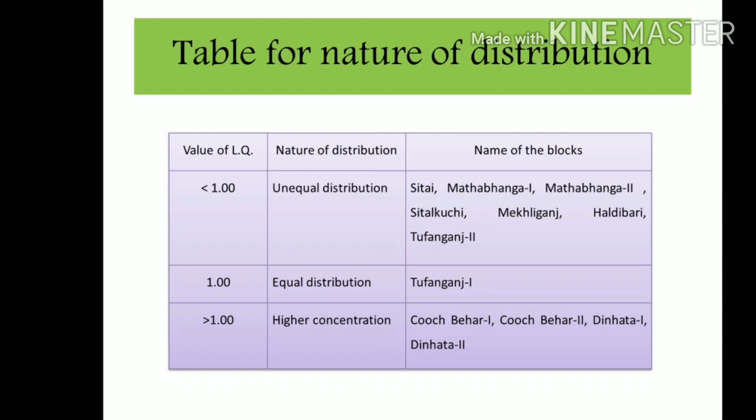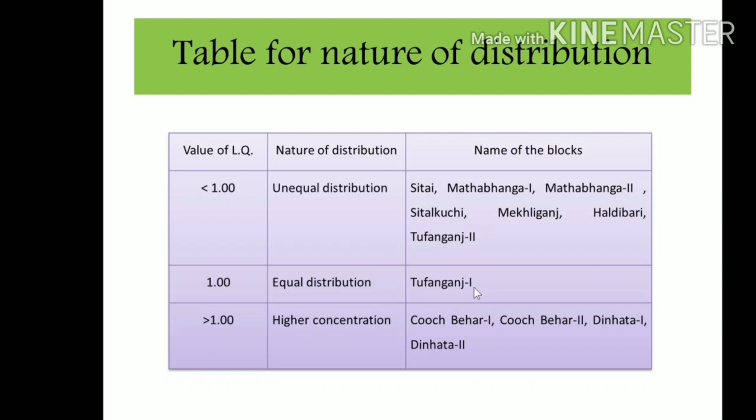So, the nature of population distribution in these blocks is higher concentration, or more population reside in relation to area. Only one block, that is Tufanganj 1, the value of location quotient is equal to 1. So this block represents the equal distribution of population in relation to its area.